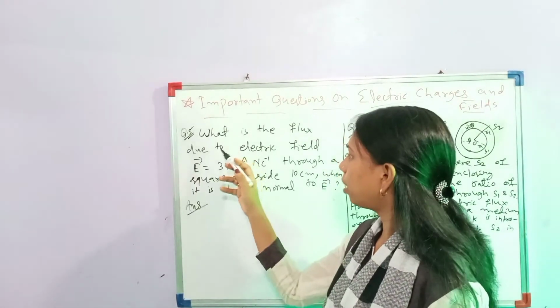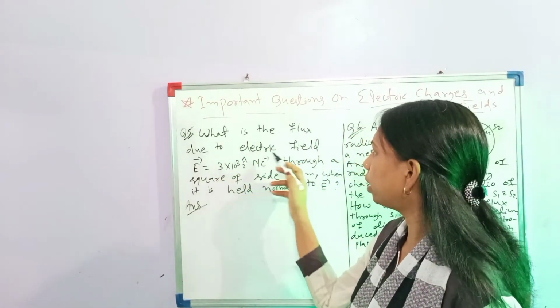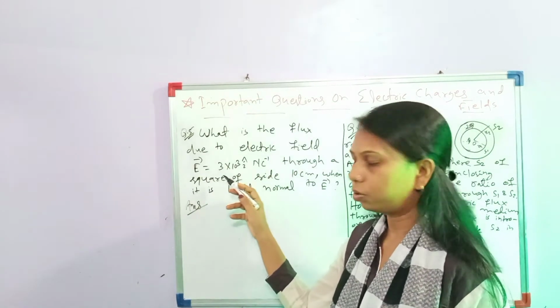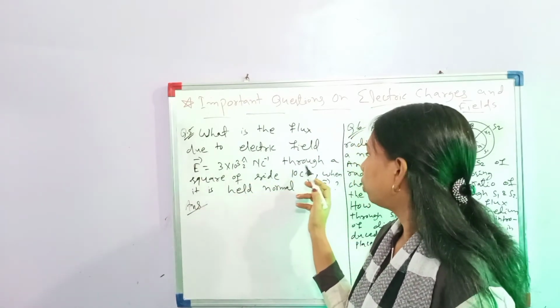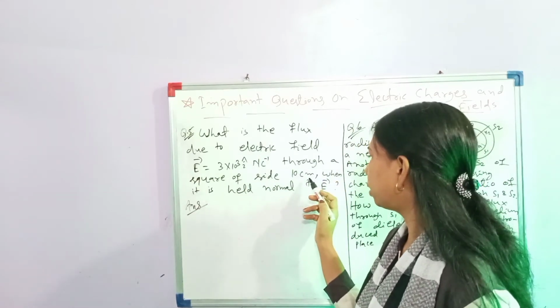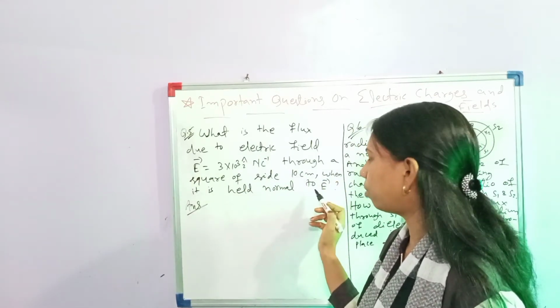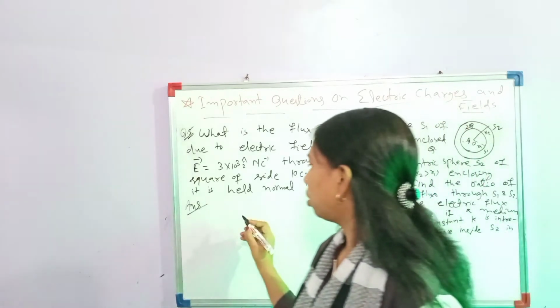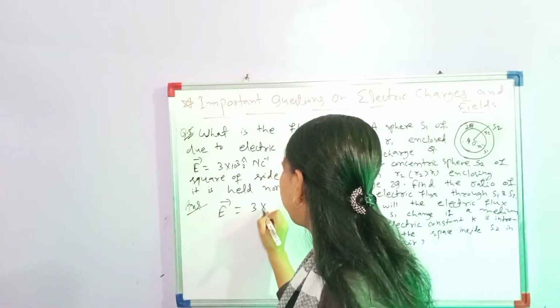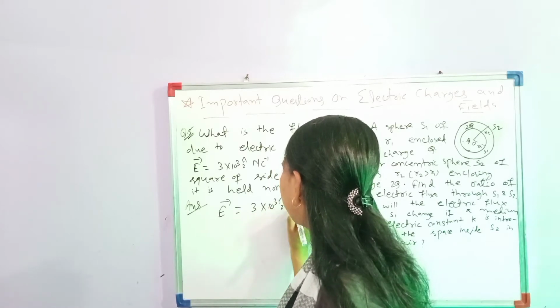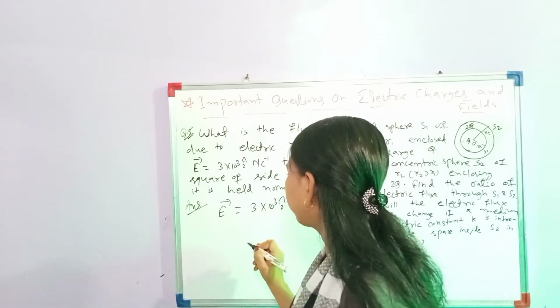Next, question number 5. What is the flux due to electric field E equals 3 into 10 to the power 3 i cap Newton per coulomb through a square of side 10 centimeter when it is held normal to E? Here E equals 3 into 10 to the power 3 i cap Newton per coulomb.